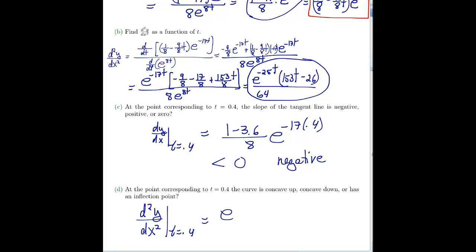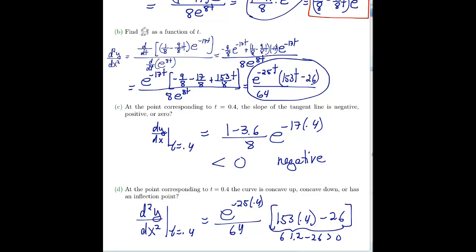So that's e to the minus 25 times 0.4 over 64 times 153 times 0.4 minus 26. So it's really just the sign of this that I need. I think that's 61.2 minus 26, and that's positive, so I think it's going to be concave up.